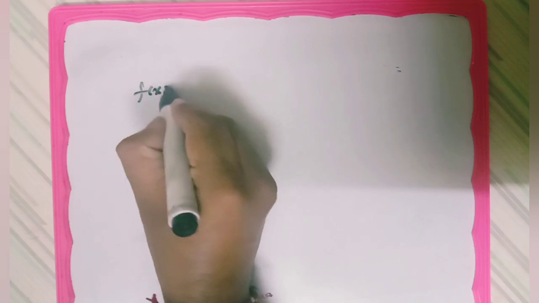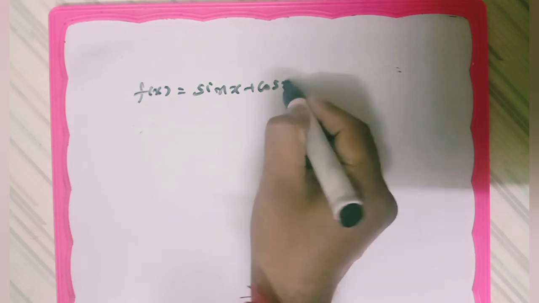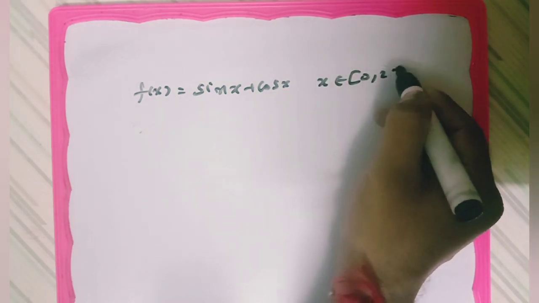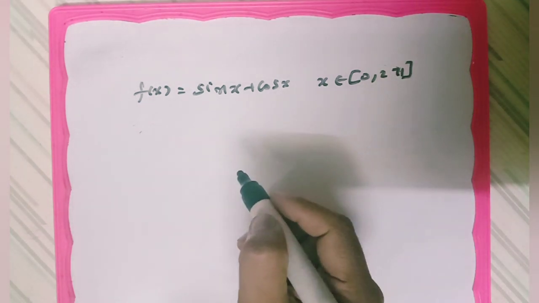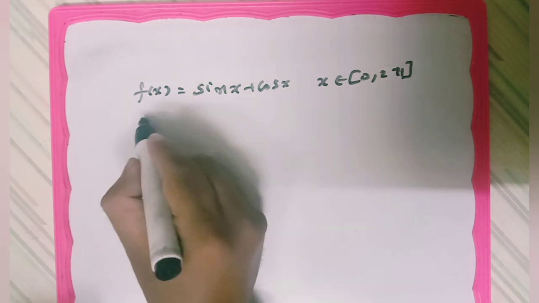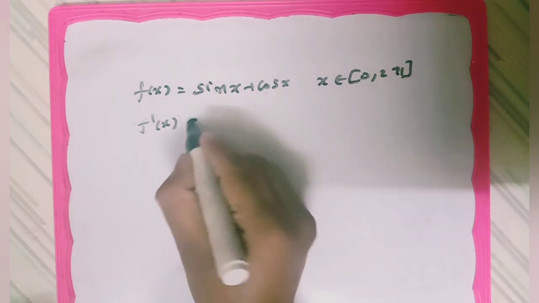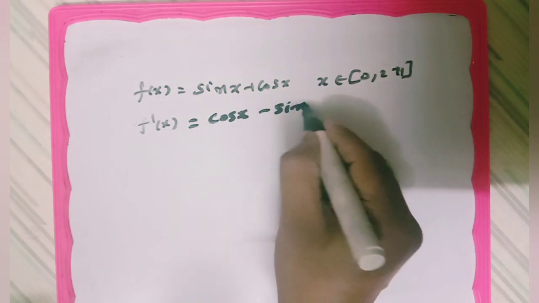Now example 13 is given, f(x) = sin x + cos x, where x belongs to 0 to 2 pi. So we differentiate, and f'(x) = cos x - sin x.